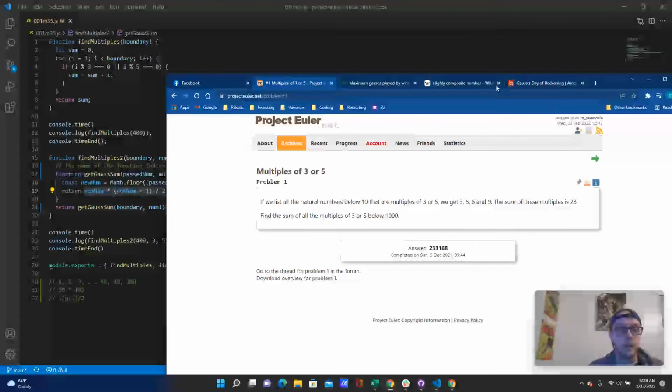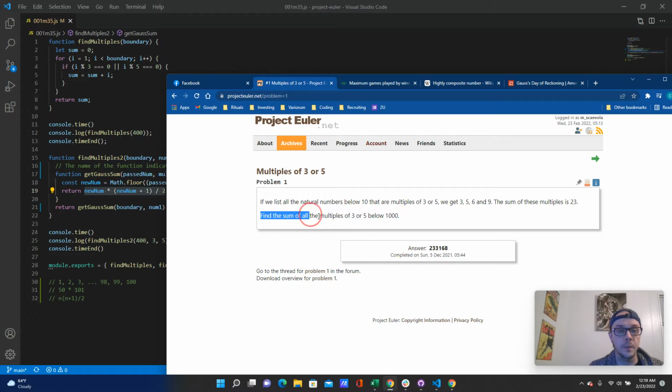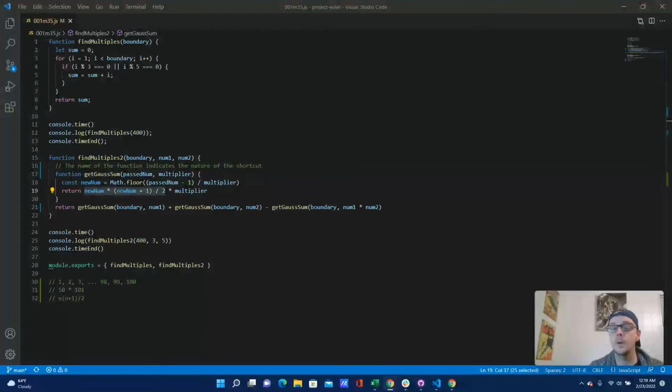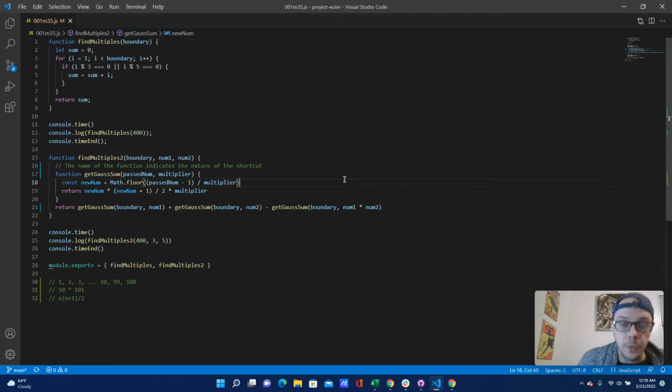So when Euler says find the sum of multiples below 1,000, if it said up to 1,000, we wouldn't be subtracting 1 from here. But because it says below, we have to subtract 1. And then we divide it by the multiplier, and then we need to get the integer value. We need to round down for that.